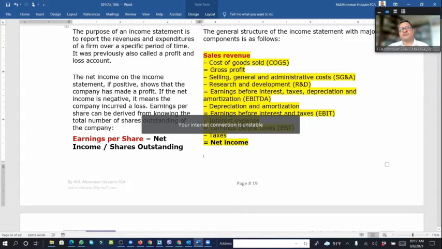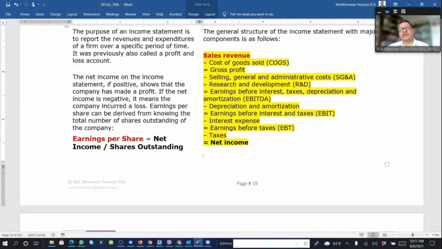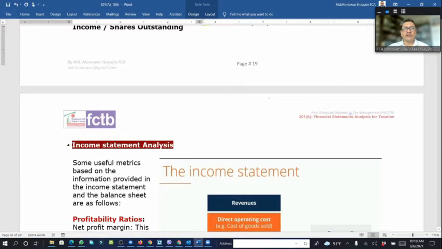From that amount, if we deduct depreciation or amortization, we get earnings before interest and tax, EBIT. From that EBIT, if we subtract interest, that is bank interest, etc., we get earnings before tax, EBT. From that earnings before tax, if we subtract tax, we get net income or earnings after tax, EAT.